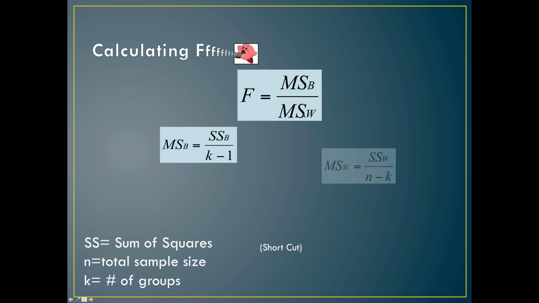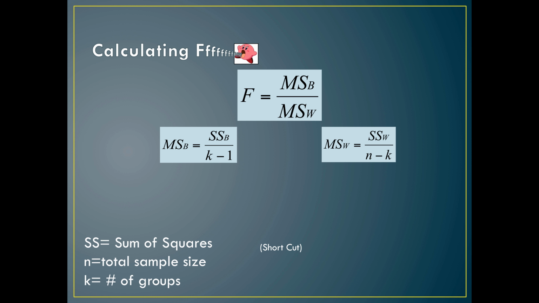And your denominator is going to be equal to SSW, the sum of squares within, divided by your total n minus K. When I'm talking total n, I'm talking the total sum of all the participants in all groups. So if, like in the previous case, you had 6 participants in each group and a total of 3 groups, that means you have 18 total.